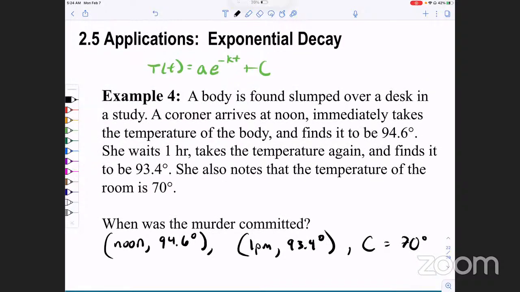So let's put these 2 pieces of information together.